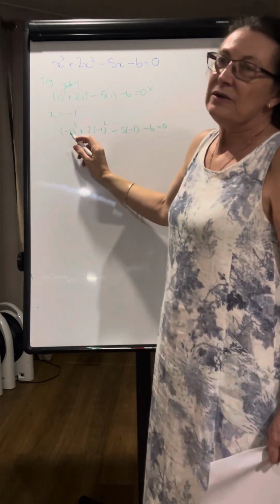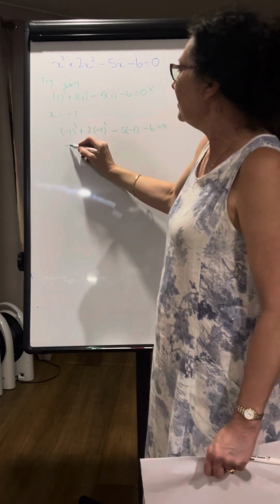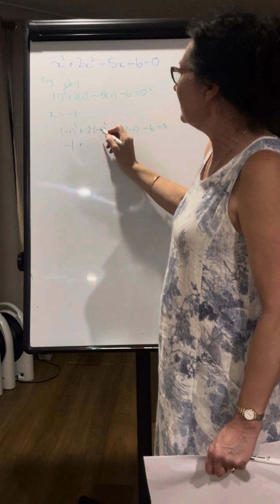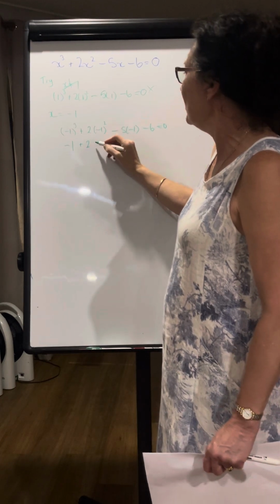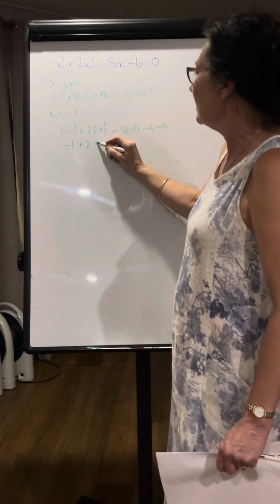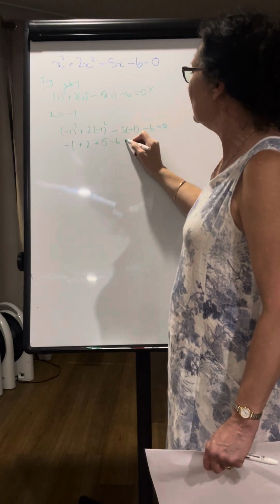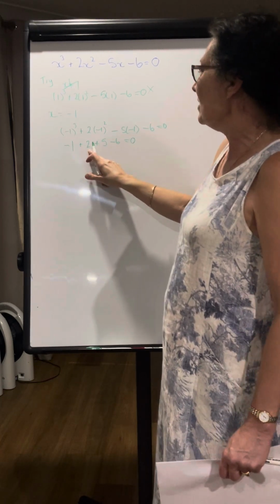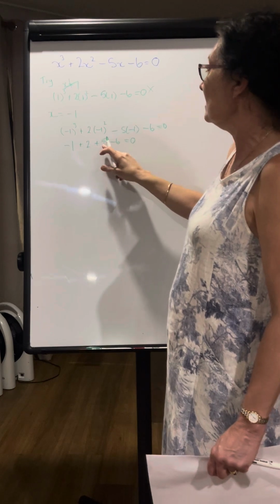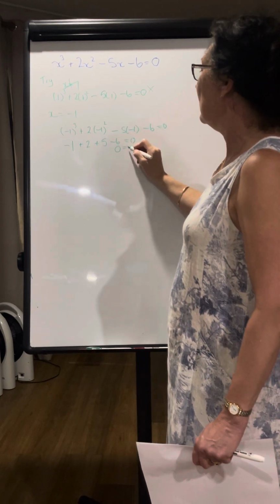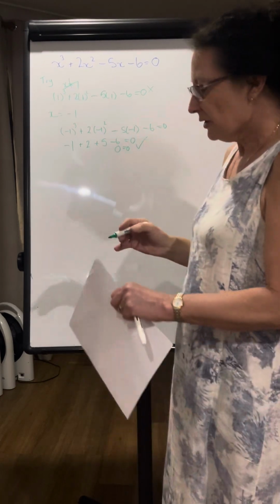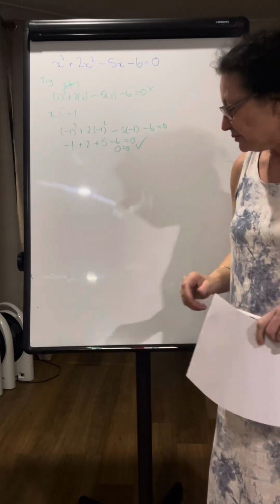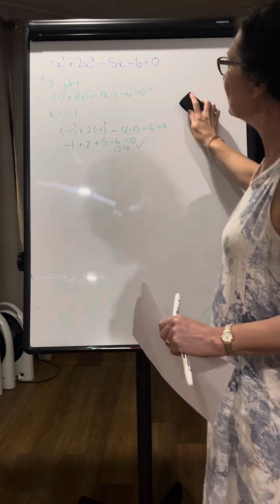When you're cubing, or taking an odd power of a negative, it's just a negative. Squaring, or an even power, is a positive. A negative times a negative is a positive. So we get minus 1 plus 2 is 1, plus 5 is 6, minus 6 is 0. And bingo, so I know that x equals minus 1 is a solution.